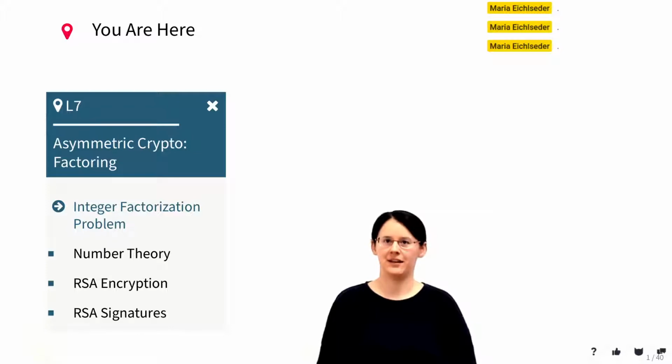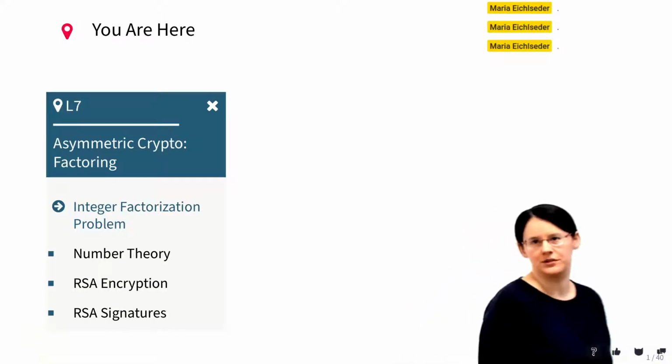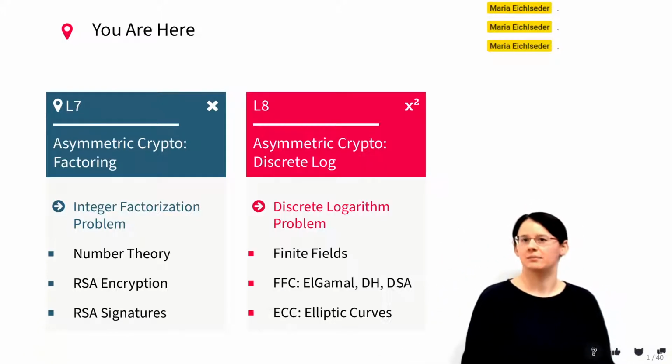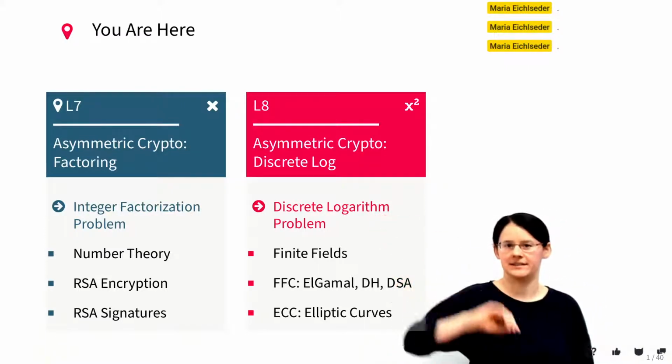However, the plan for today is to look at a different hard problem that we use as a basis for our crypto systems, and we will see that this has a number of advantages. The hard problem we want to look at is the discrete logarithm problem and its variants.